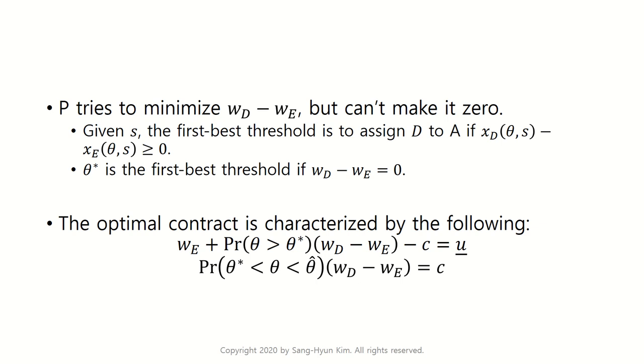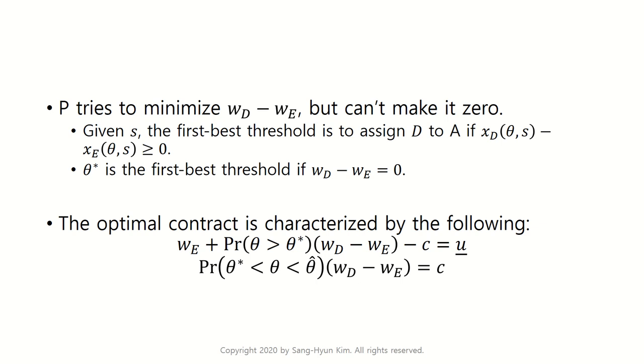The left-hand side is the benefit of making an investment, and the right-hand side is the cost of making an investment. So if WD minus WE is too small, then the agent will not make an investment. But to improve the efficiency, you want to reduce WD minus WE as much as possible. That's why the IC constraint must be binding.